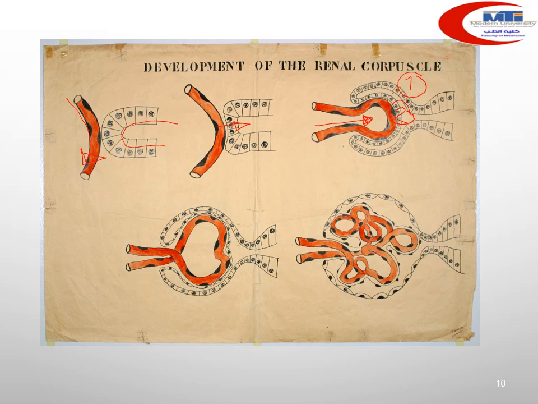The inner is the visceral part and the outer is the parietal part. The blood vessels that invaginate into the epithelial layer create lots of loops and capillaries, to increase the surface area for blood filtration.